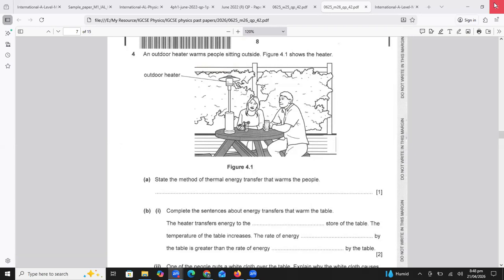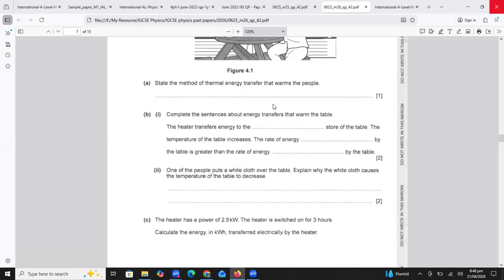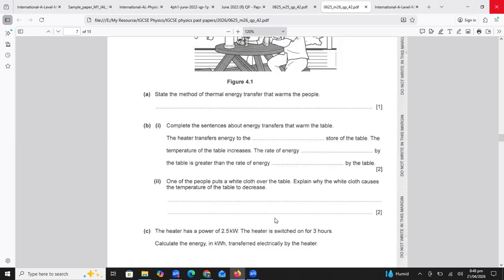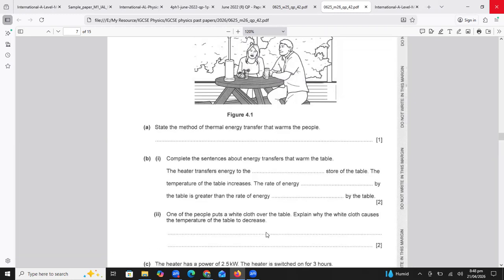All right. Now look at the B part. In B part 1, they are saying complete the sentences about energy transfer that warms the table. So the heat transfers energy to the dash store of the table.